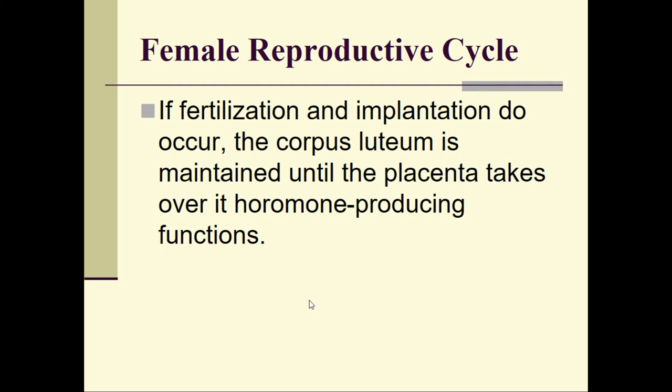A lot of people are under the misnomer that the baby is inside the uterus and that's it. The baby is inside the uterus, but the placenta is a membrane that surrounds and encloses the baby inside the uterus.